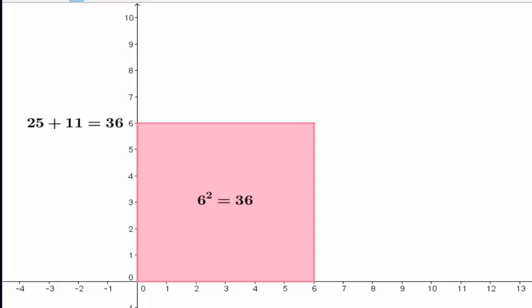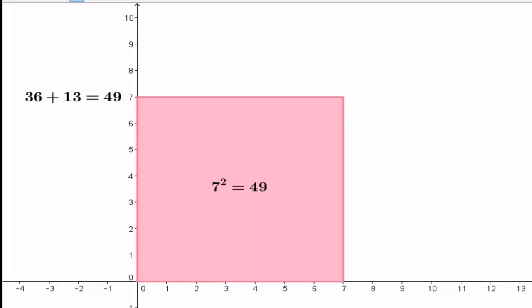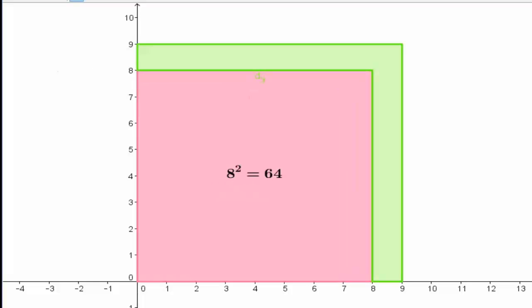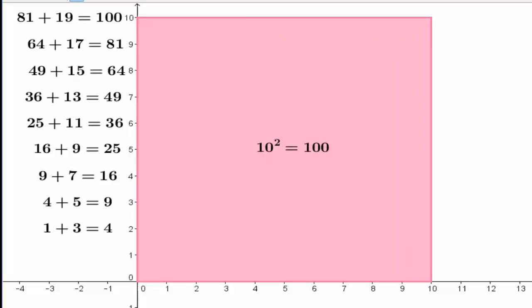To get from 6 squared to 7 squared, I'm going to need to add on 6 and 6 and 1. 6 and 6 and 1 is 13, so 36 plus 13 is 49. This is a good way to help you remember the square facts. Finally, 81 plus 19 is 100.